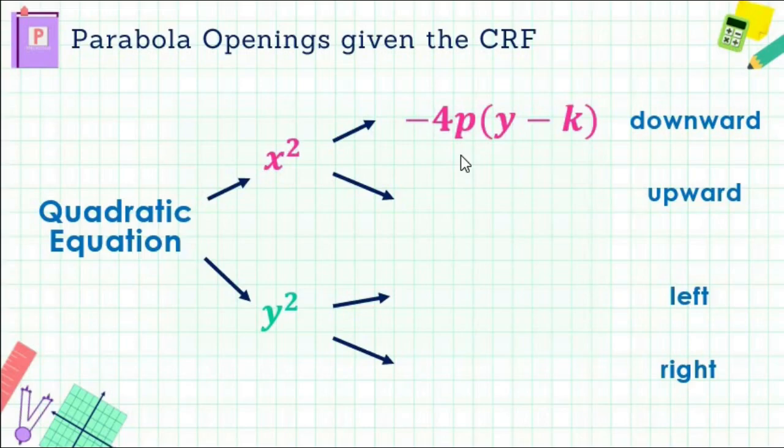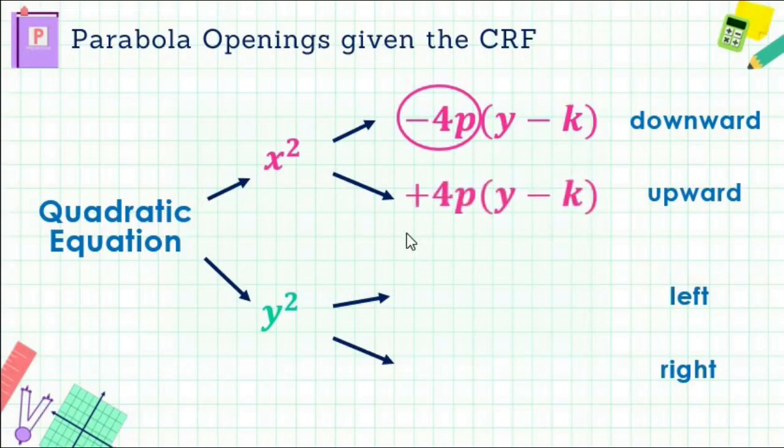Hence, for you to determine that a quadratic equation in center radius form is a parabola that opens downward, x should be squared and 4p should be negative. Next, for a parabola to open upward, the center radius form should have x squared and the sign for p is positive.